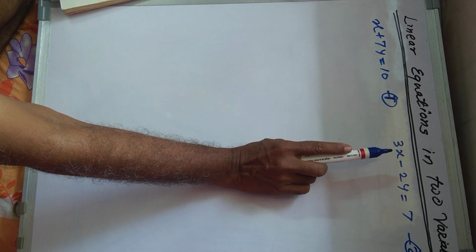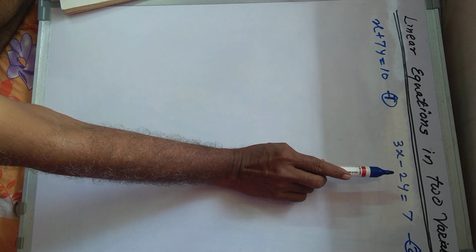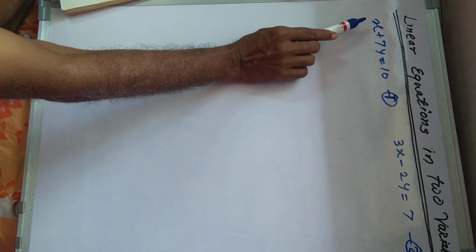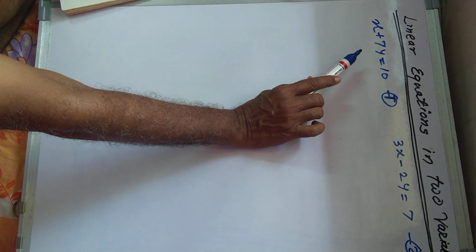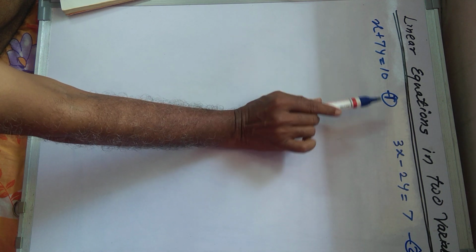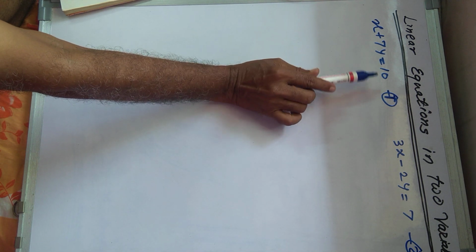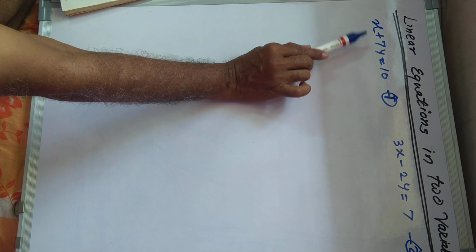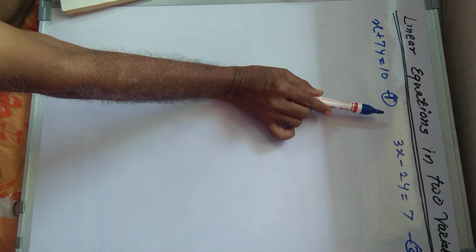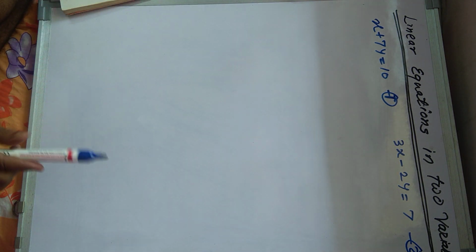Now it is easy to equate the coefficient of x. Then we simply multiply equation number 1 by 3, and the coefficient of x becomes equal.